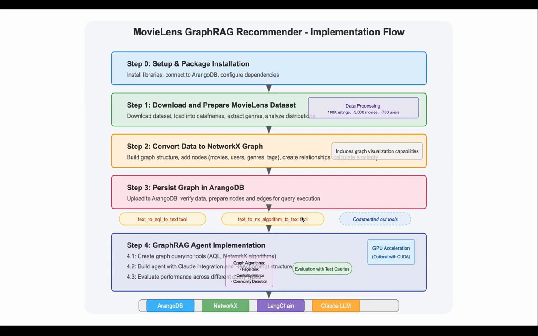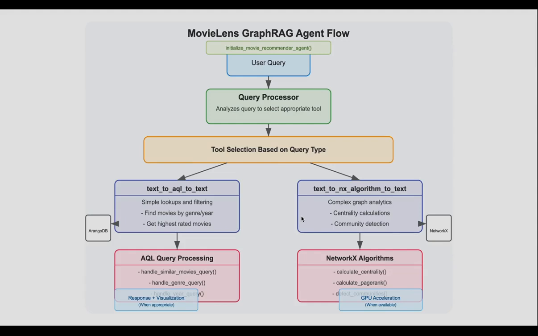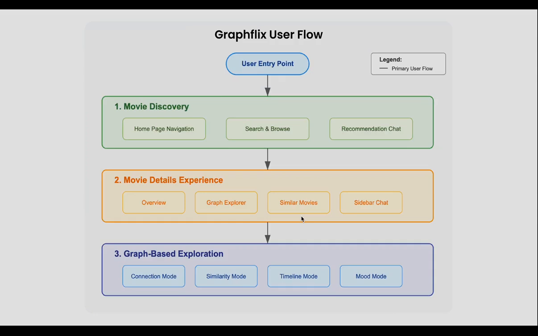The last part is the GraphRec agent implementation. These are the agents that can be used, with the tools text to AQL and text to NetworkX algorithm. Basically this is the main function of this graph: when the user inputs a query, it is processed.